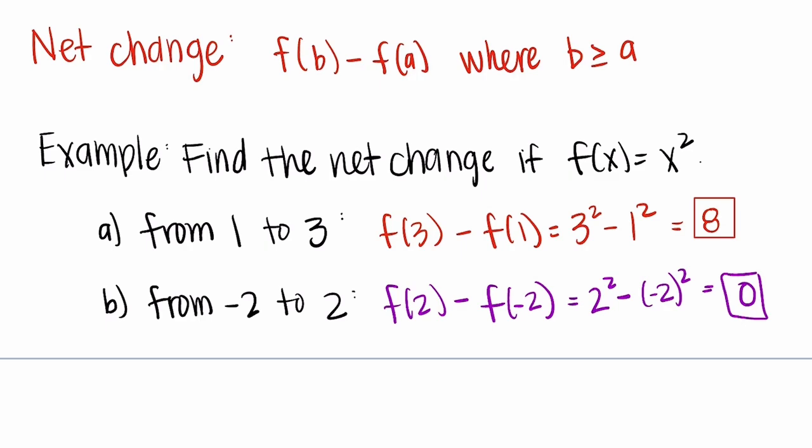It is possible for your net change to be a negative number. If it was -2 to -1, when we subtract your outputs, it would be small minus big, which would be negative. Okay, any questions on that? Okay.